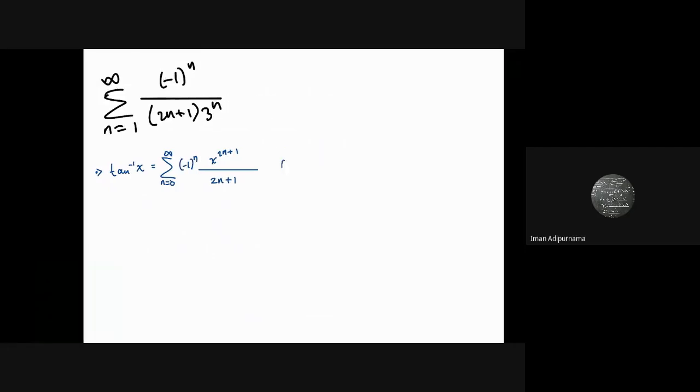So first, the idea came from matching the functions, and my suggestion, and of course this is the answer, is using the tangent inverse. So if you write the tangent inverse, okay, this is for x less than 1.